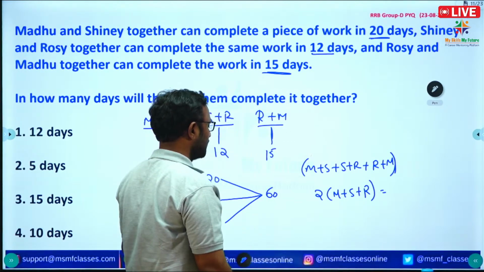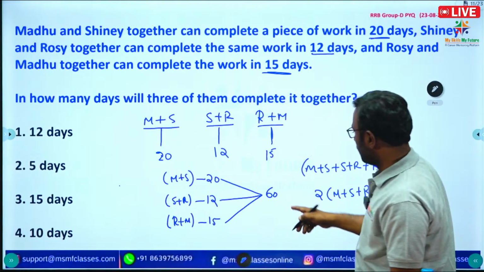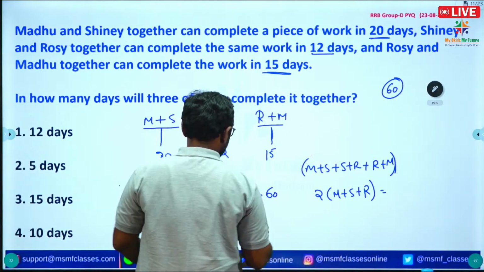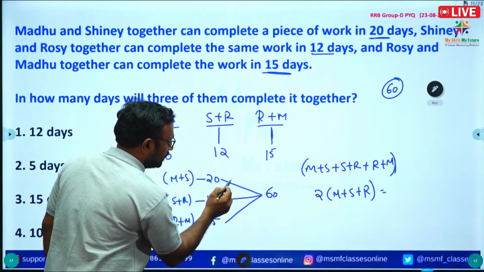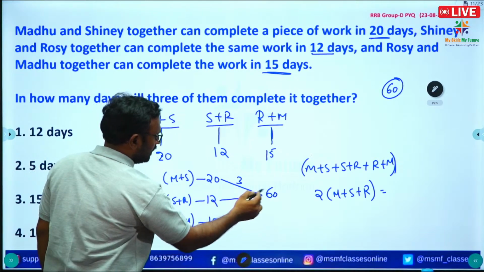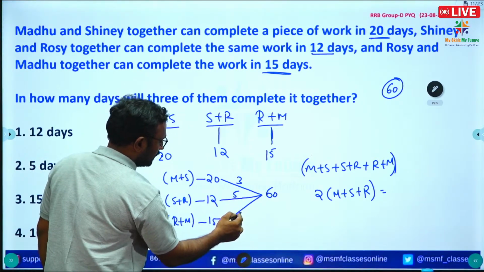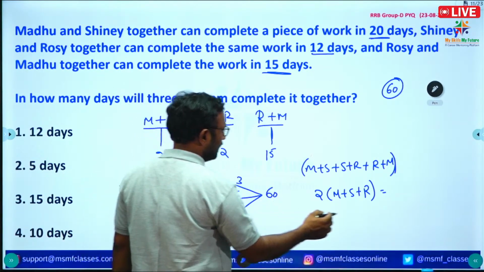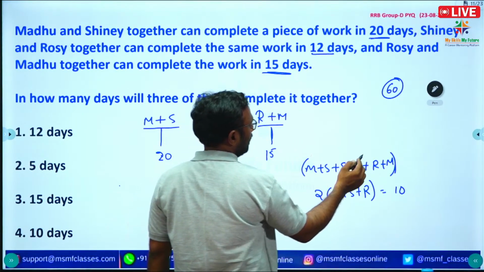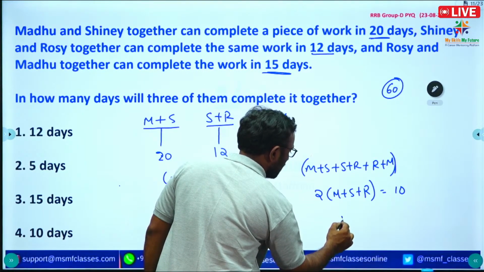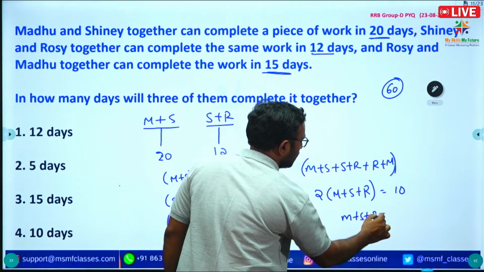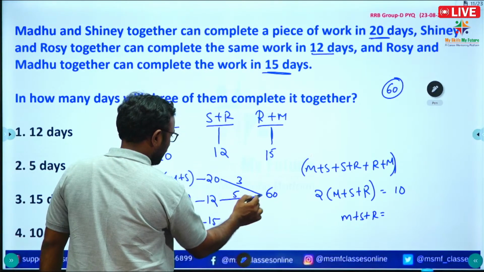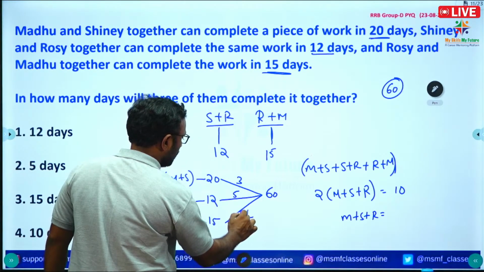The total work is 60. 60 by 20 gives 3, 60 by 12 gives 5, and 60 by 15 gives 4.